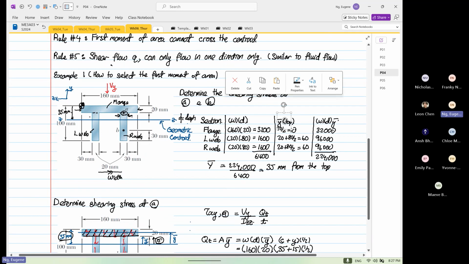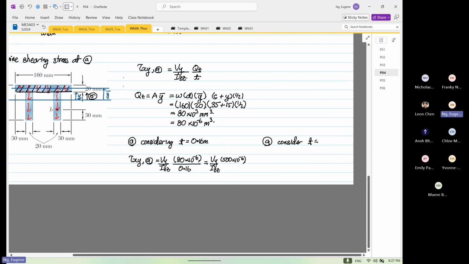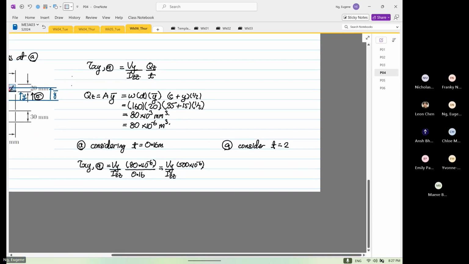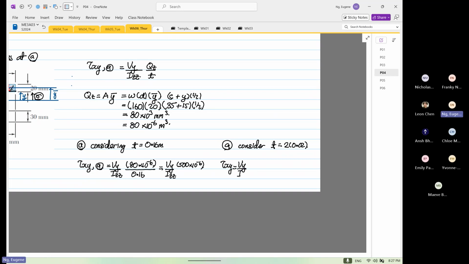You have thickness on the left hand side, thickness on the right hand side. You have twice of 0.02. What will happen is now your shear xy will be equal to Vy over Izz, right? 80 times 10 to the power minus 6 divided by twice 0.02.